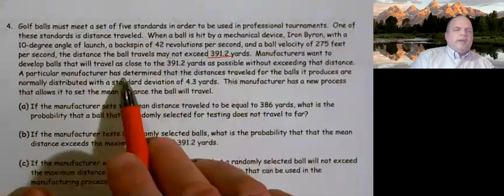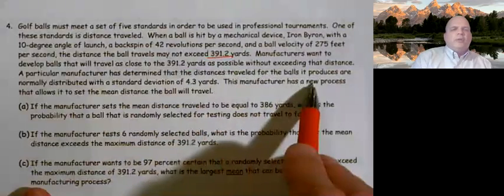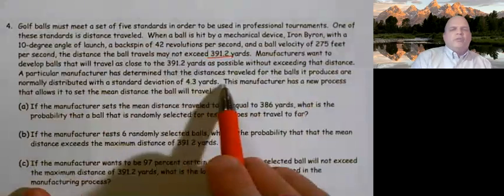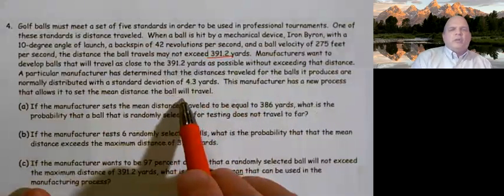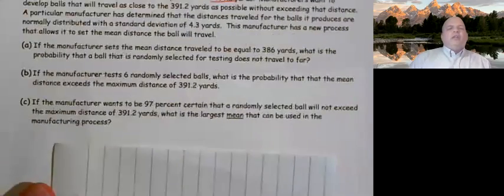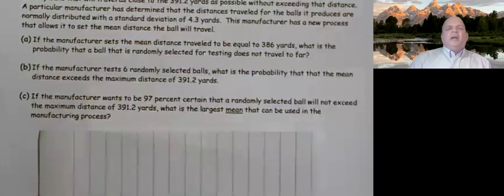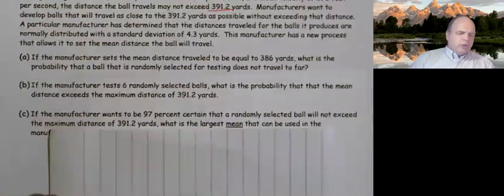A particular manufacturer has determined the distance traveled for balls it produces are normally distributed with a standard deviation of 4.3 yards. This manufacturer has a new process that allows us to set the mean distance the ball will travel. If the manufacturer sets the mean distance traveled to be equal to 386, what is the probability that a ball that is randomly selected for testing does not travel too far?